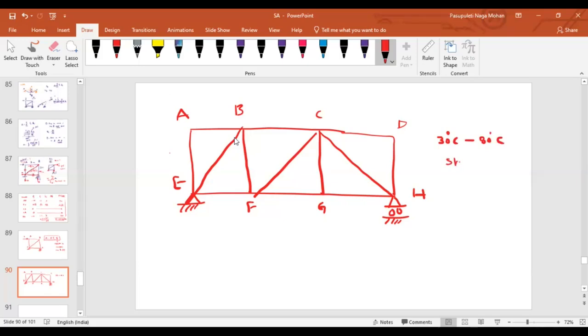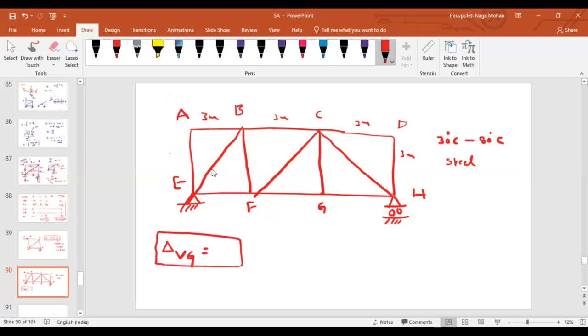Imagine all these are steel members, and let us say the lengths are 3 meter, 3 meter, and 3 meter. What I am interested in is finding the deflection here. If there is a temperature change in member CD from 30 to 80 degrees centigrade, what is the vertical deflection that occurs at point C?